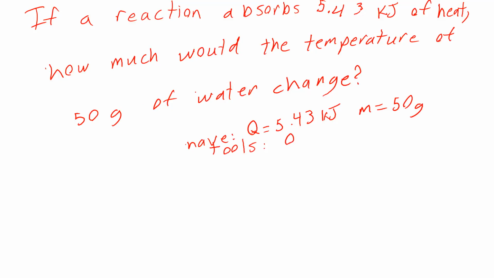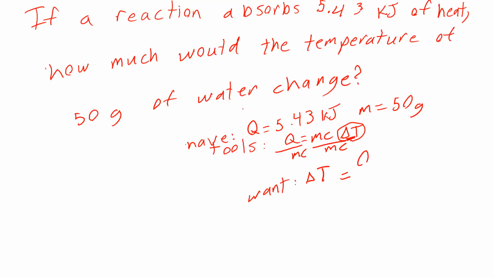We have our formula Q equals MC delta T. Now we'll rearrange this because we're going to solve for delta T, by dividing both sides by MC. And then what do we want? We want delta T.